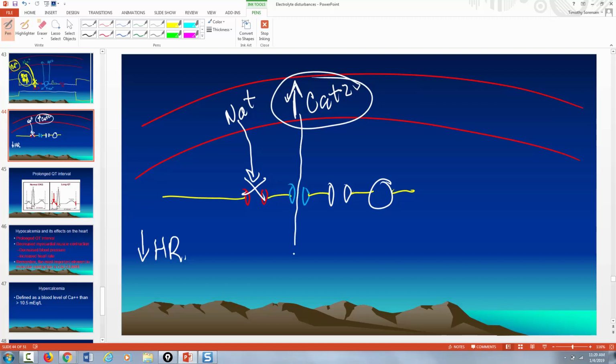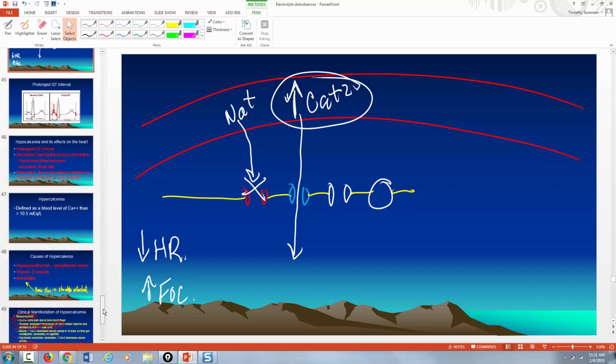That means more calcium can go into the heart cells. So you will get a decrease in heart rate, but you will get an increase in the force of contraction of the heart. So this person can become hypertensive. And really, it's actually kind of a hallmark of hypercalcemia, where their heart rate will be low, but because their calcium level's high, their blood pressure is high.